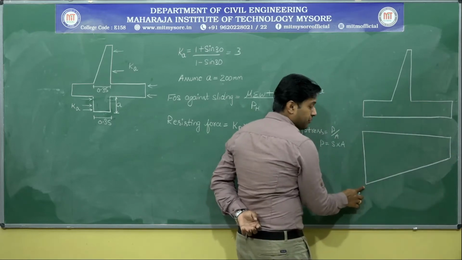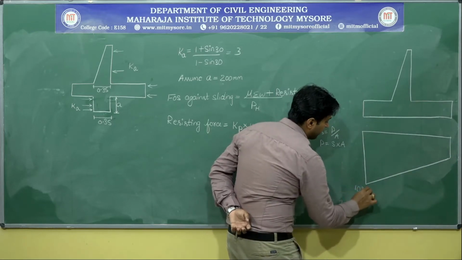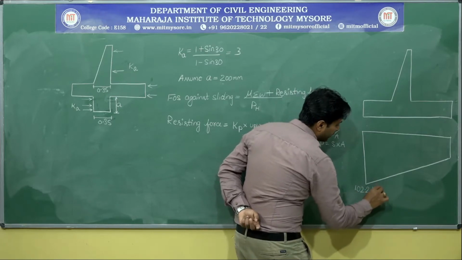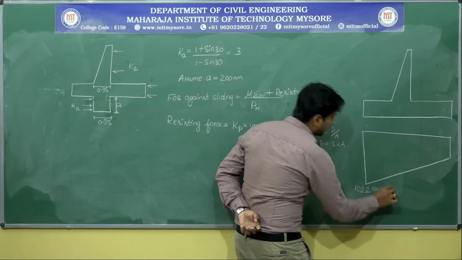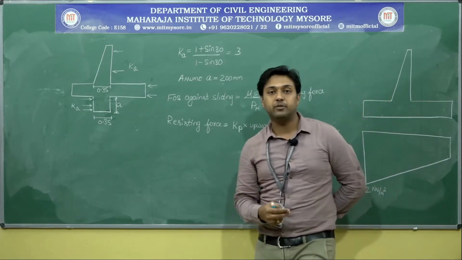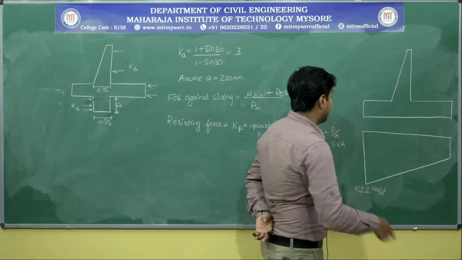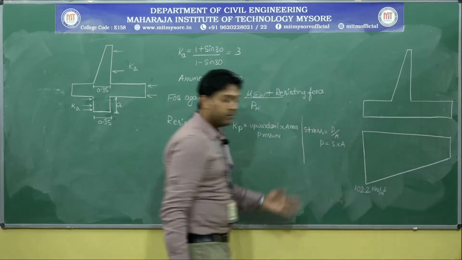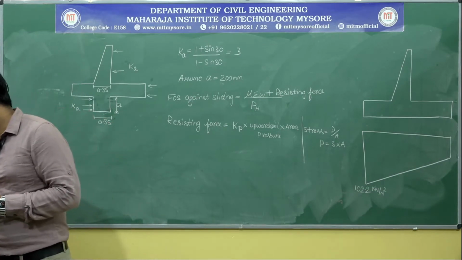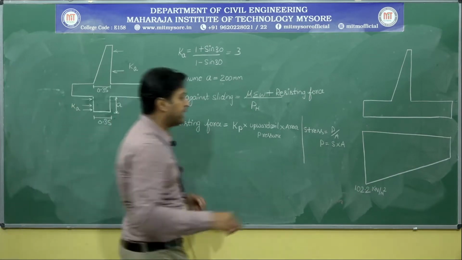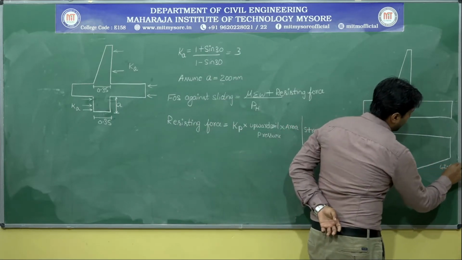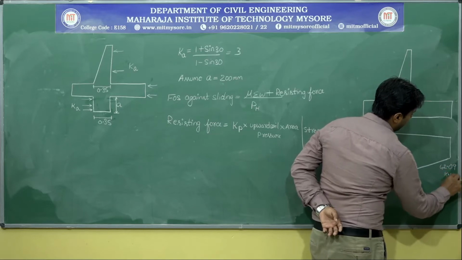Here the pressure will be more, and that value is 102.2 kilonewton per meter square. Where did you get this value? This value is nothing but the sigma max and sigma minimum value that we have already calculated. The value of sigma minimum is 42.09 kilonewton per meter square.